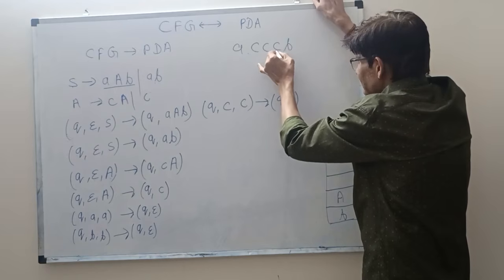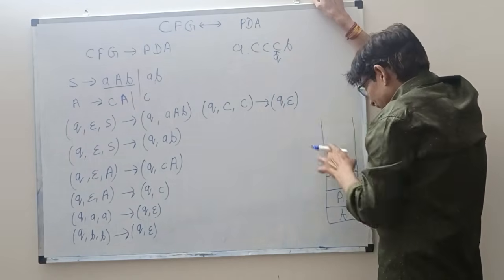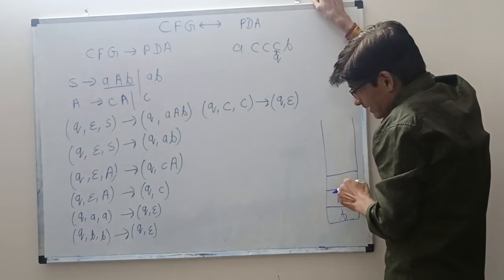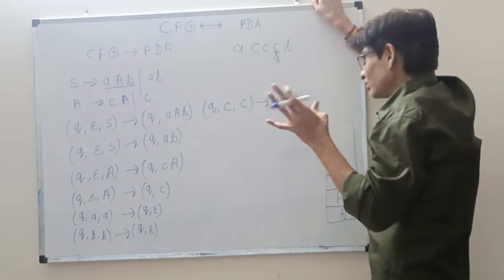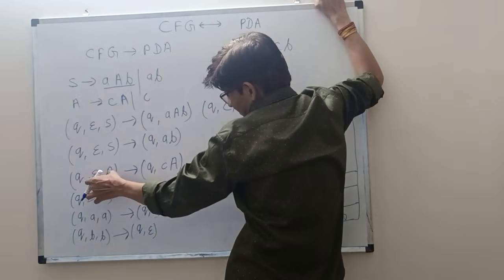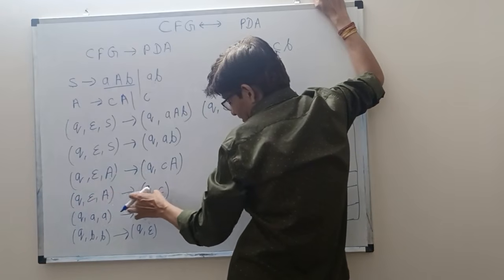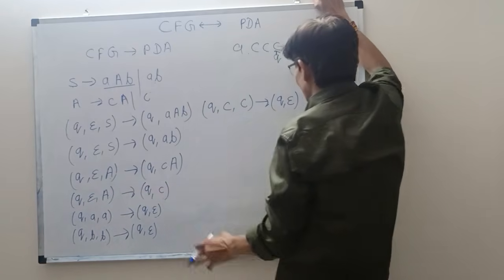Now I'm reading this c. Now I'm in q, I'm reading c, and stack top is capital A. I will not consume any input, so I can use this transition.